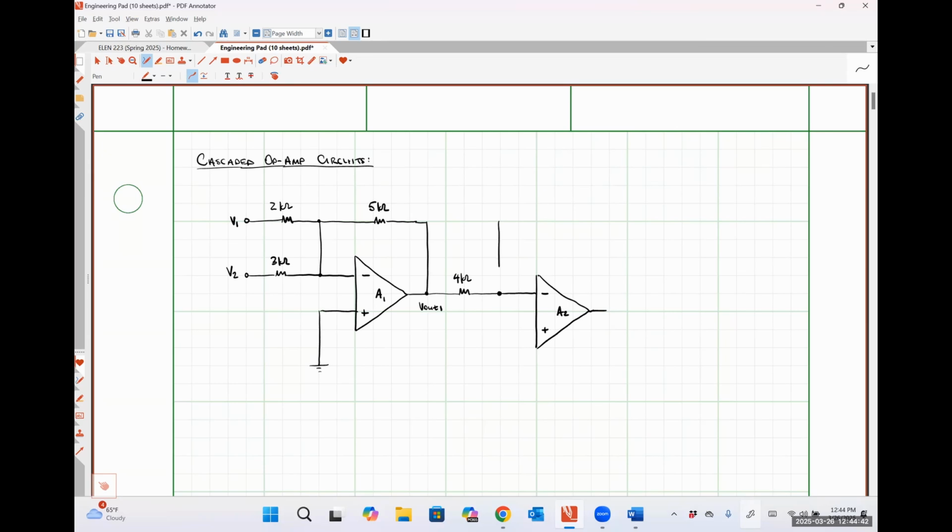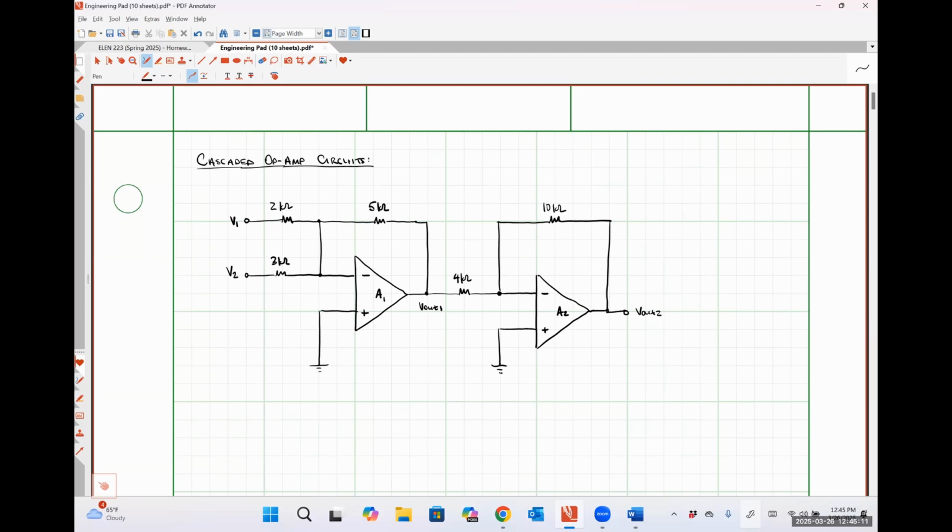So I'm going to have a feedback path from the output of A2 to the inverting input of A2. That will be a 10 kilo ohm resistor. I'm going to measure the output voltage of op-amp 2 here as an open circuited voltage. So this will be Vout2. And I'm going to choose to ground this terminal as well.